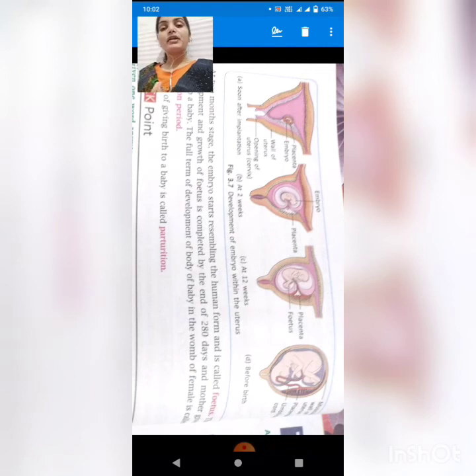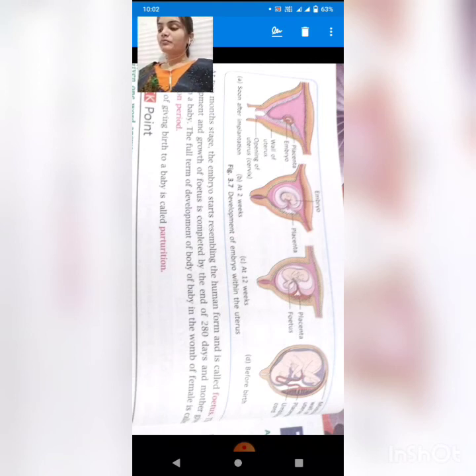The umbilical cord is the cord, students, which is directly attached to the body of the baby and through which the baby gets nutrition. You have seen that after birth the baby has a thread-like, tube-like structure attached to the navel region of the baby's body. That is known as the umbilical cord.